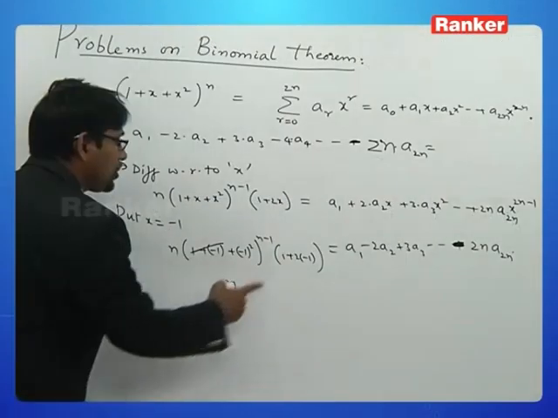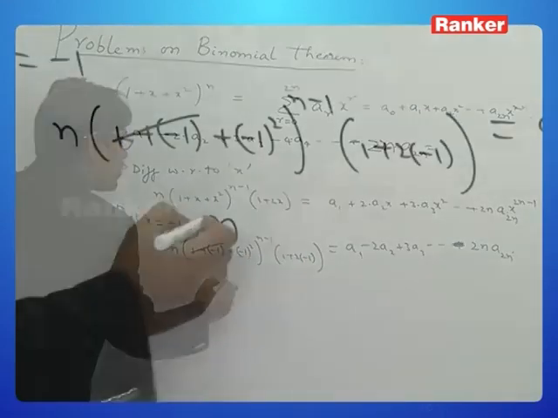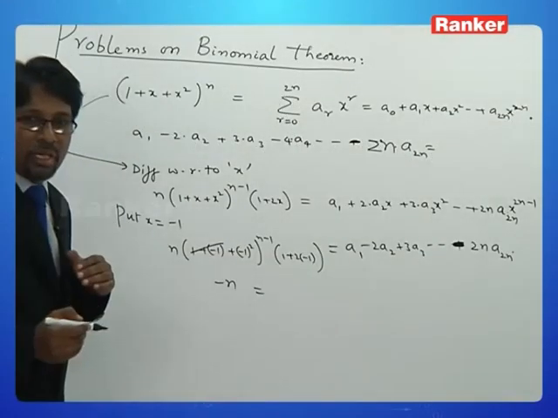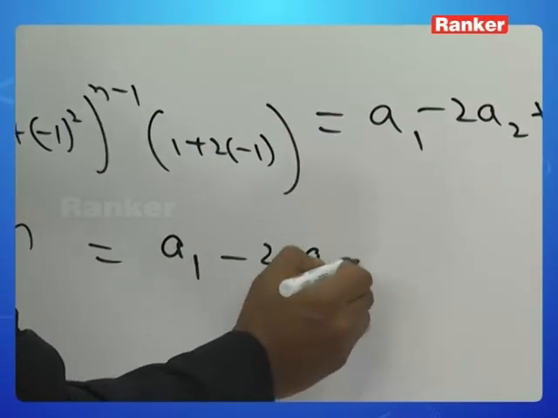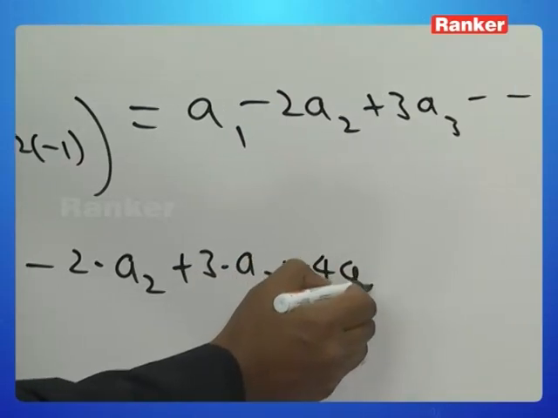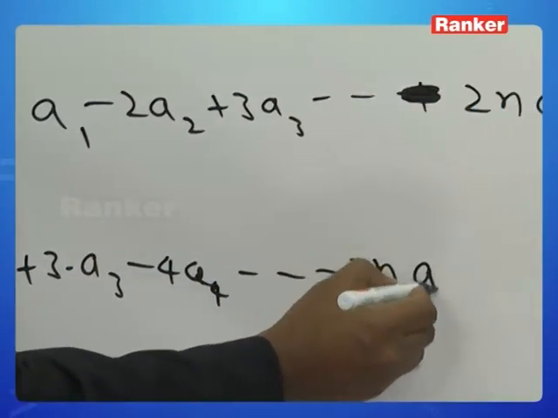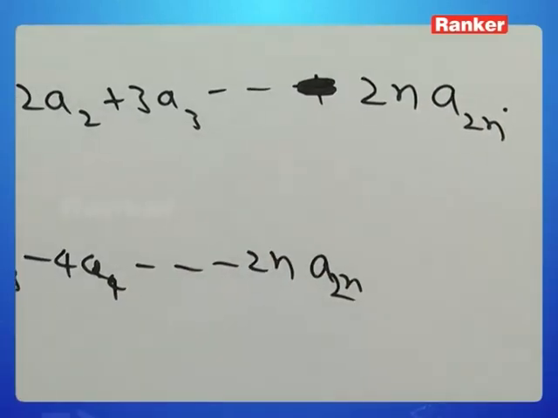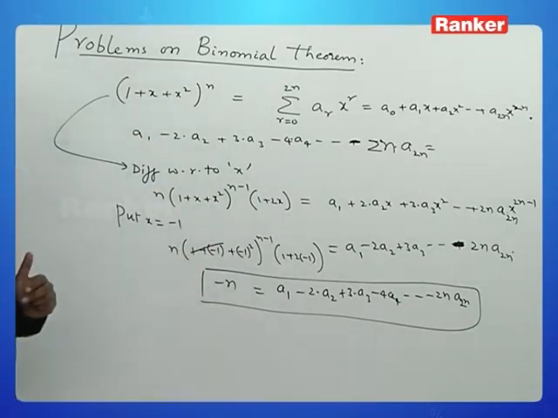So n into (1 plus 2 into minus 1), that's minus 1 there. So minus n. So a1 minus 2 into a2 plus 3 into a3 minus 4 into a4, and so on and so forth. Finally, minus 2n into a2n comes out to be minus n. This is what we have here.